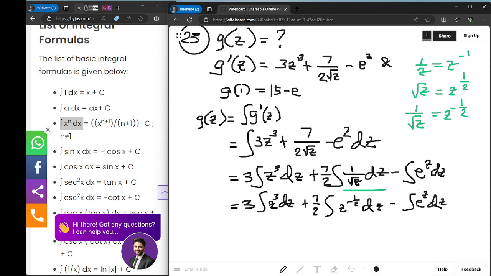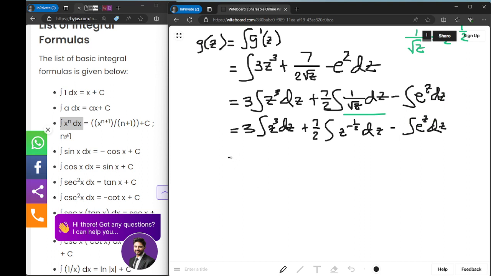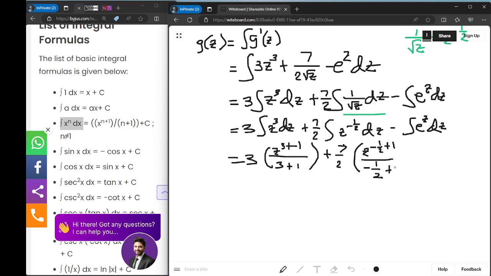Then integrate. So that's z to the 3 plus 1 all over 3 plus 1, plus 7 over 2 times z to the negative 1 half plus 1 over negative 1 half plus 1, minus the integral of e to the z, which is just e to the z.